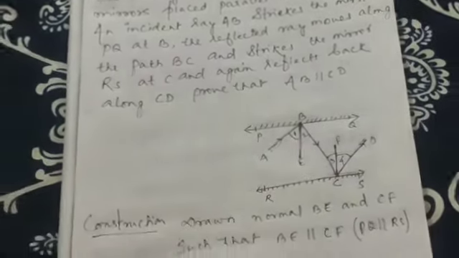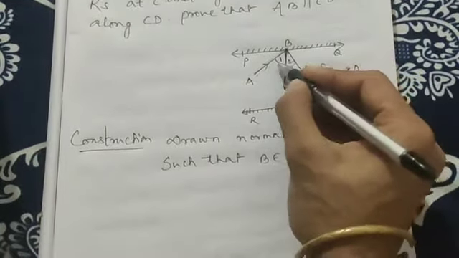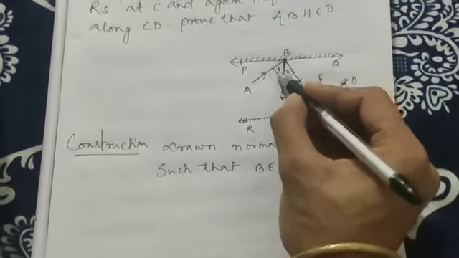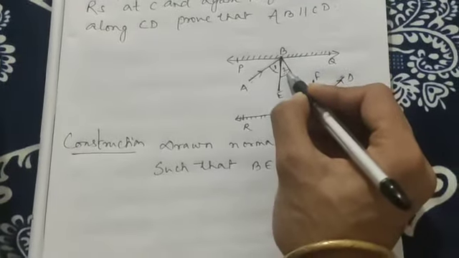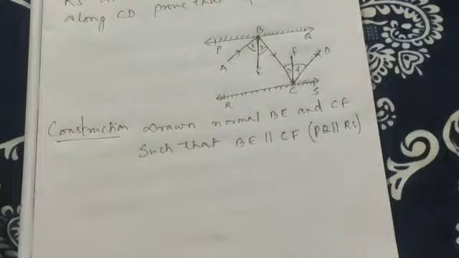Now see, as per the law of reflection, angle 1 and angle 2 are going to be equal, because the angle of incidence is equal to the angle of reflection. This is the first law of reflection.